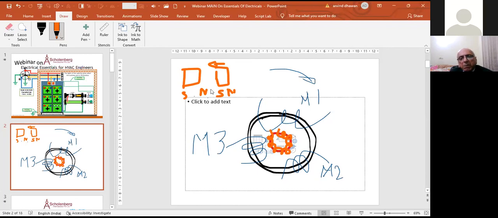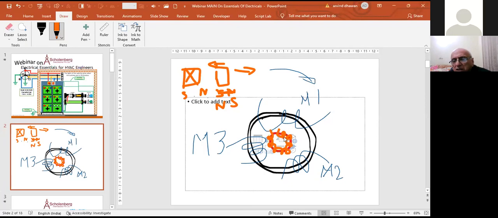And if it's like poles, if this becomes north and this becomes south, then this will push it in the other direction. So if this magnet is fixed and this magnet is not fixed, then this magnet will either be pulled towards this one or pushed away from it. Accordingly, this becomes a magnet.